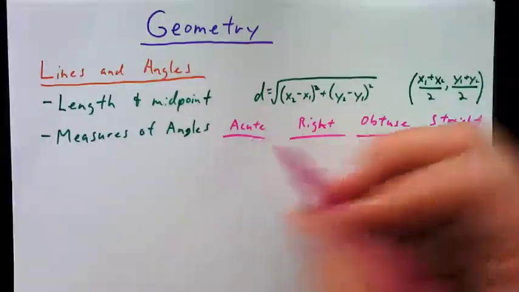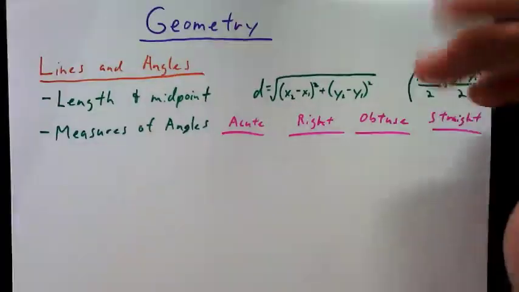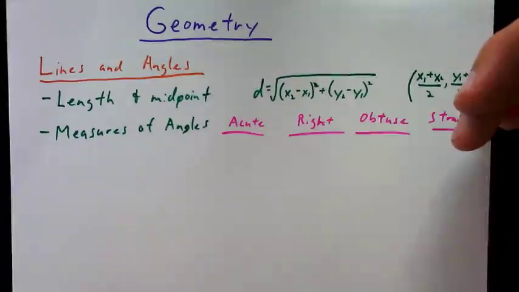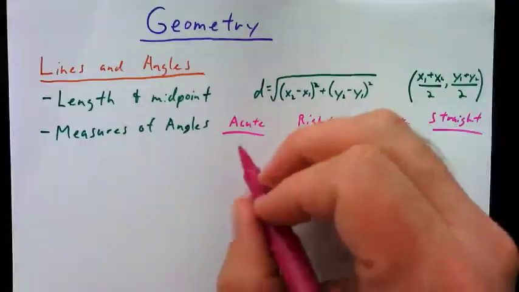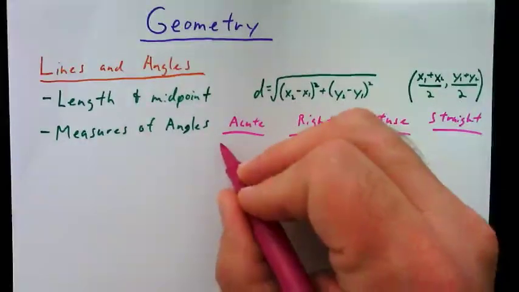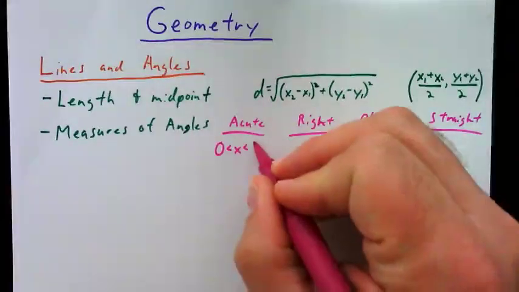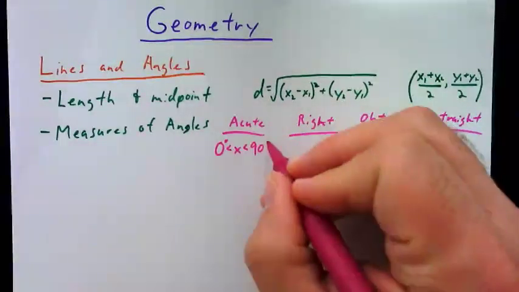For an acute angle, how do you classify an acute angle? Less than 90? Yeah. And if we want to be really specific, we'd also say that it's greater than 0. So any value for an angle that is between 0 and 90.